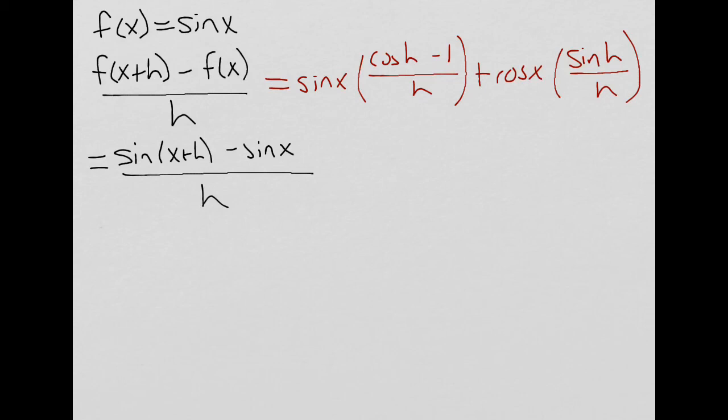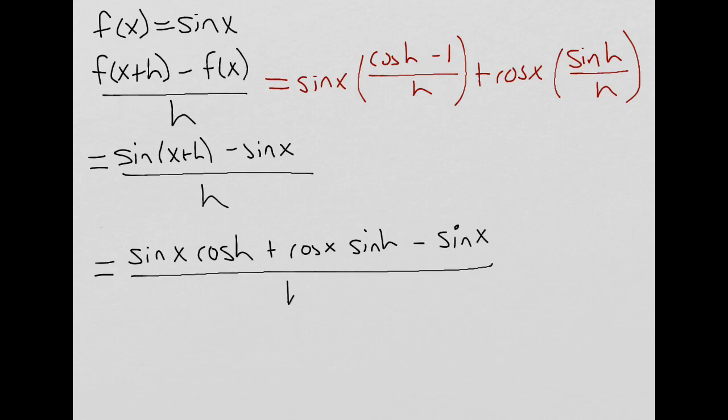I'm going to rely on the fact that right here I've got the sine of two numbers added together, and then I have my addition formula for sine to work on that. So this should be sine of x cosine of h plus cosine x sine h, minus sine x, all over h. And to simplify that, I know from up here that I'm looking for a way to get a sine x as a factor. And I see a sine as a factor of this term and of this term.